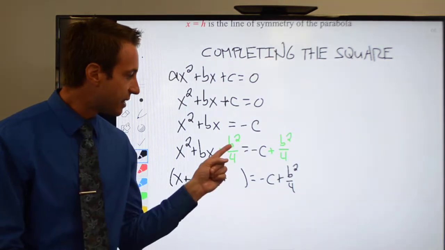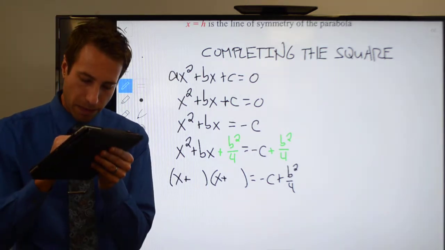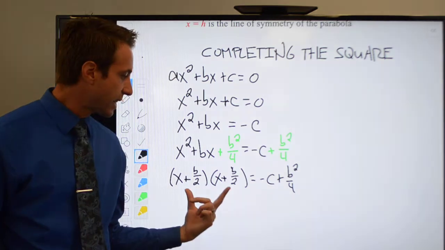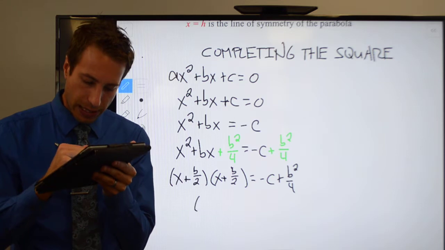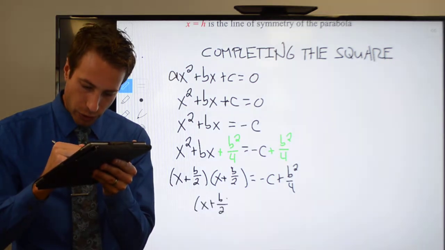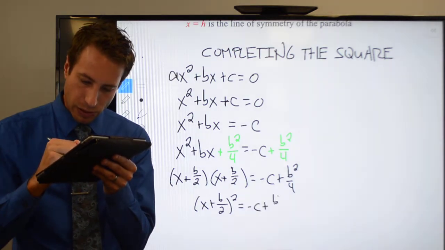And because this is a perfect square, the numbers have to be the same number. It would be b over 2 and b over 2. Since these binomials are the same, I can rewrite them as x plus b over 2 squared is equal to negative c plus b squared over 4.